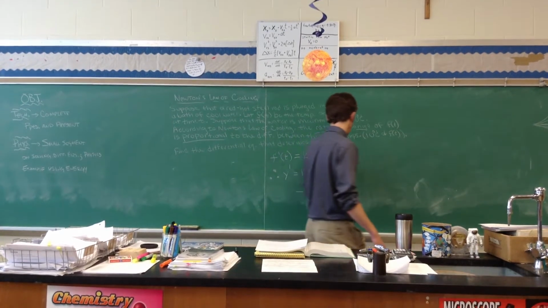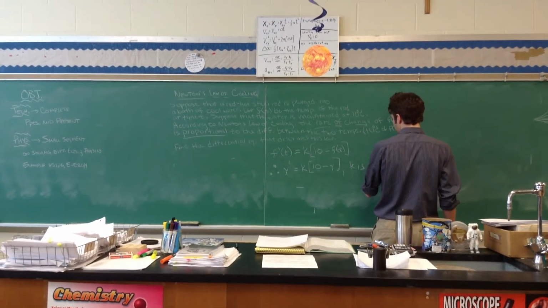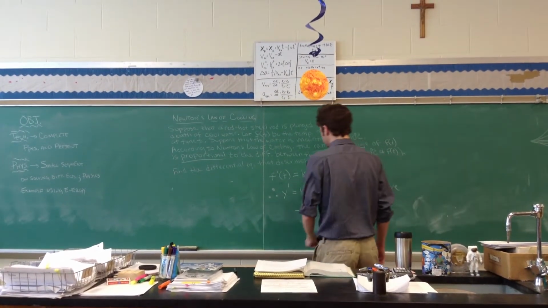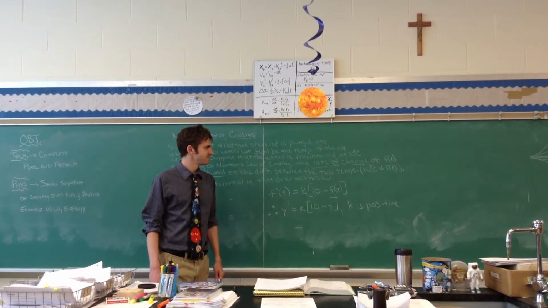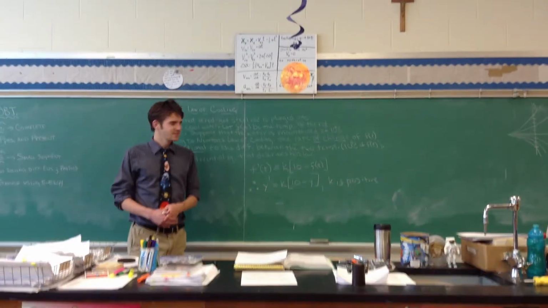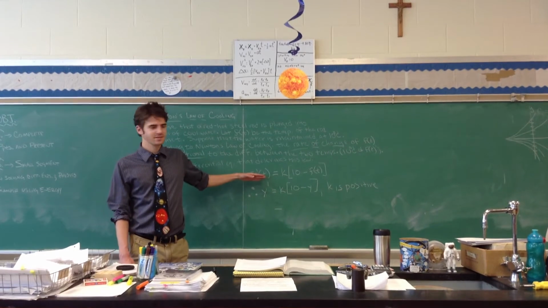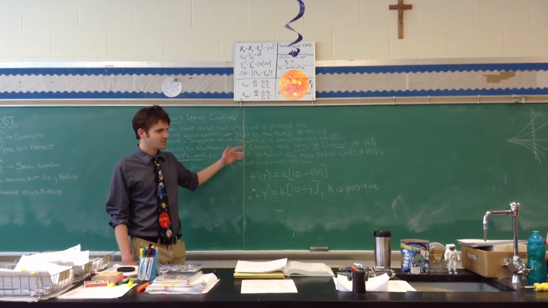And we'll note that k is positive. There we go. That's not too bad. This requires some raw math at first, and then we can better describe it just by looking at the physics.